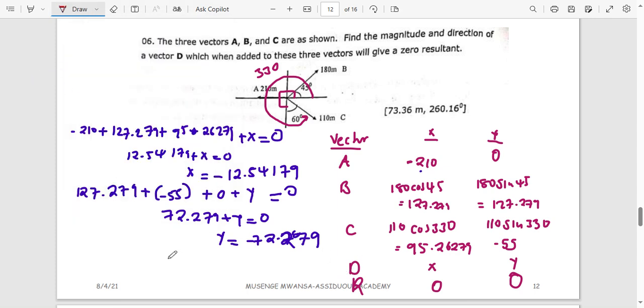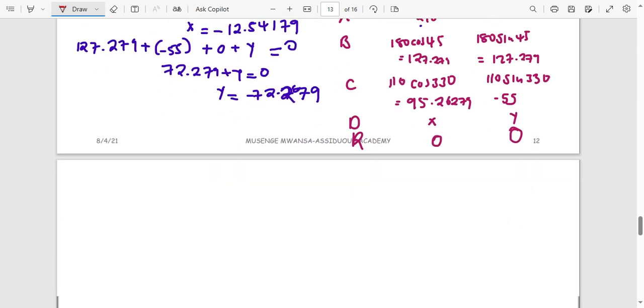So now I want to find the magnitude and direction. The magnitude for D will be the x component of D squared, plus the y component of D squared, and simply square root that.